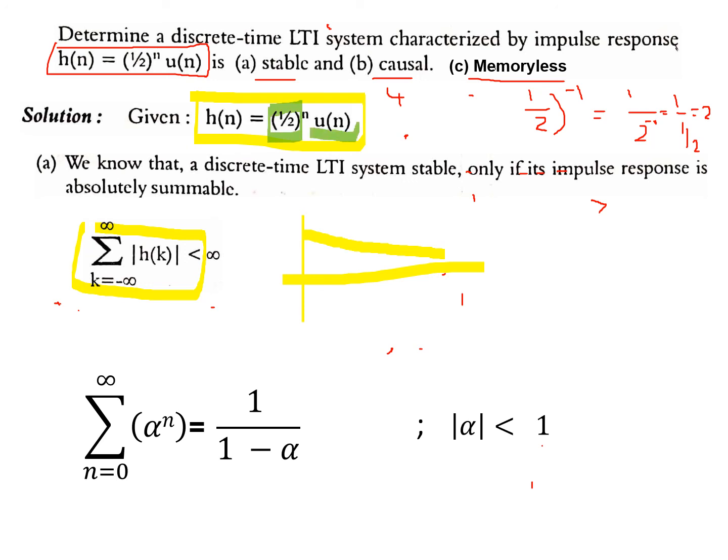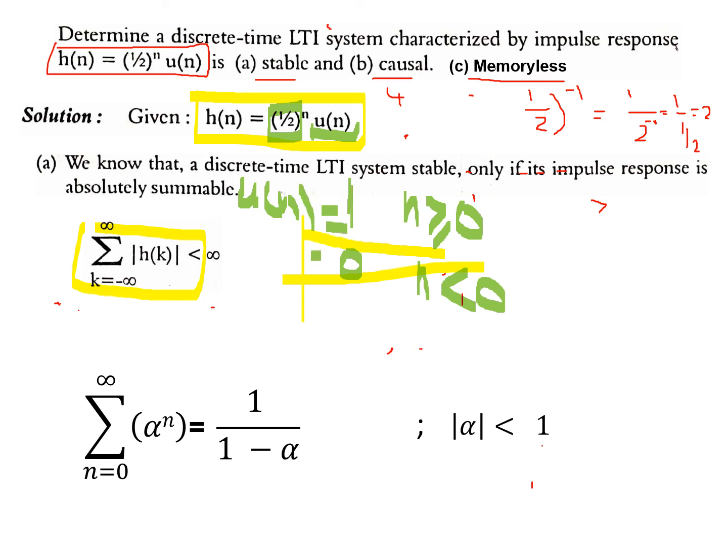U of n is 1 for n greater than or equal to 0, and 0 for n less than 0. That means it tells us the signal is one-sided. So half to the power of n is the actual signal into u of n, one-sided.